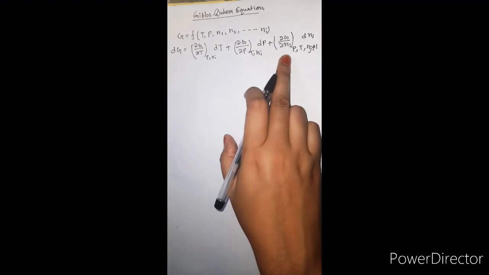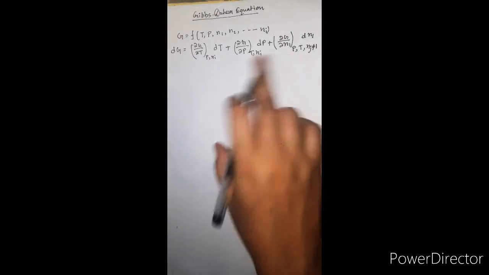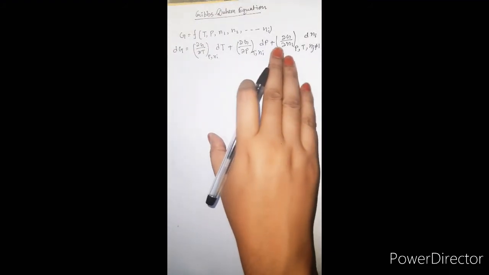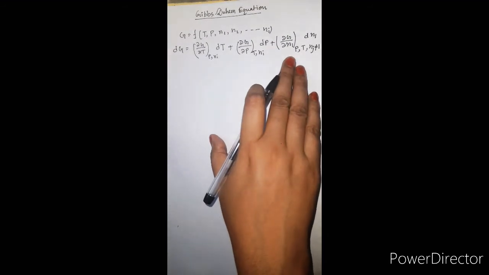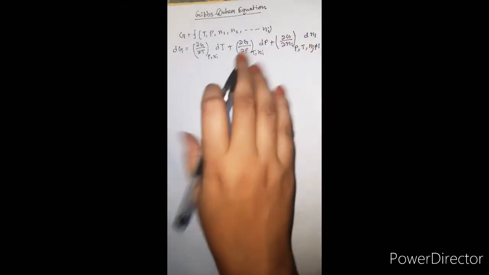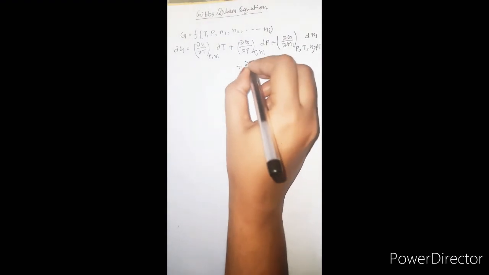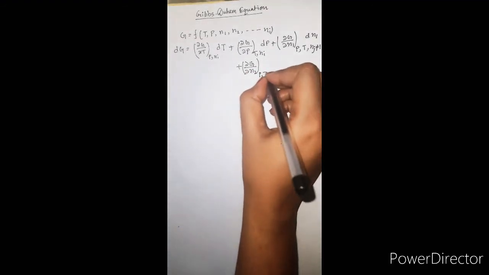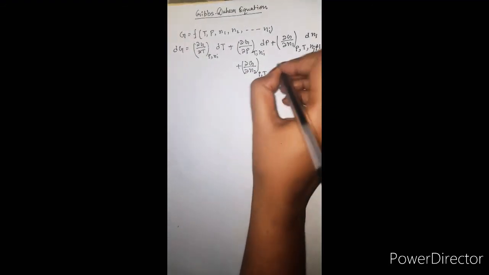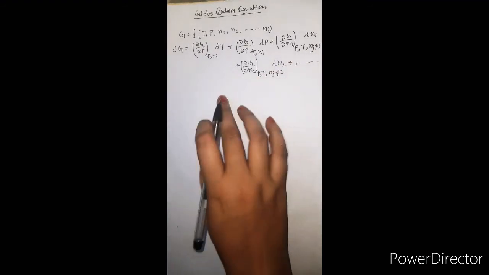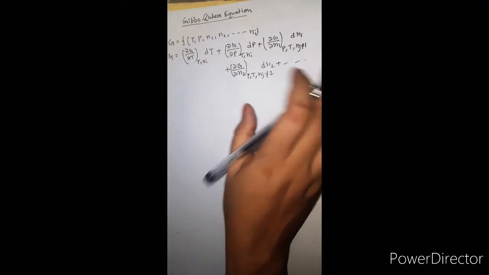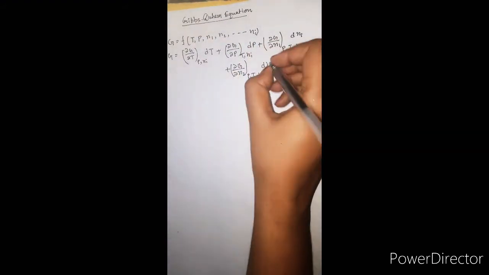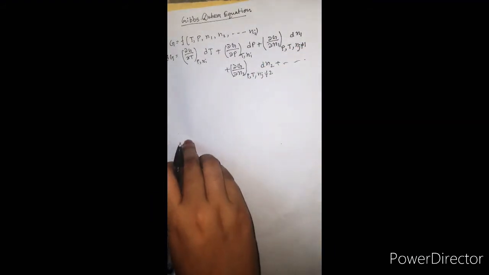That is, n1 is variable here but n2, n3 and up to ni are constant. Then del G del n1 at constant P, T and nj not equal to 1 into dn1, plus del G del n2 at constant P, T and nj not equal to 2 into dn2, and like that going up to dni, if there are ni number of gases present in the mixture.